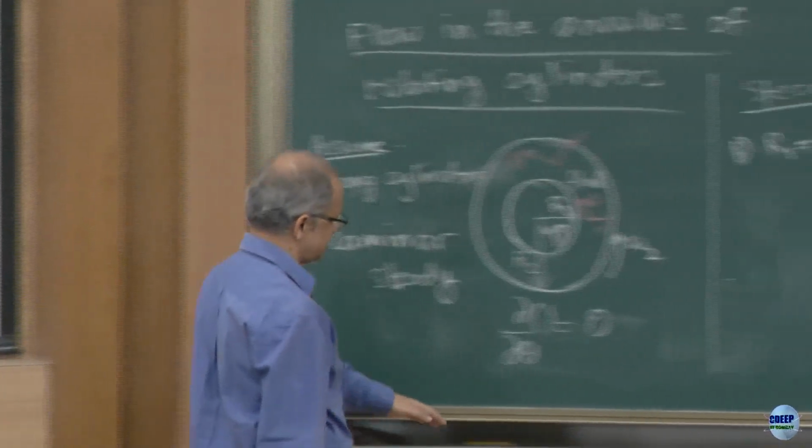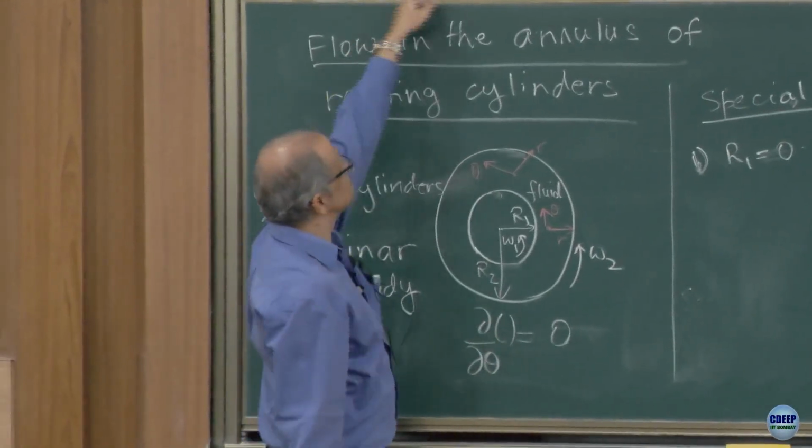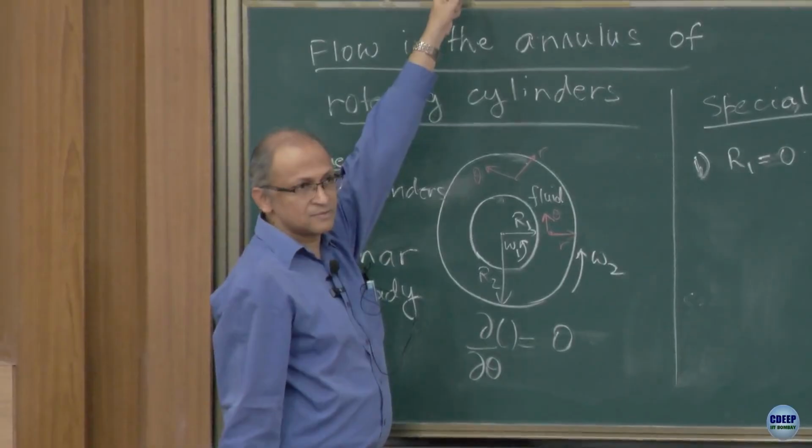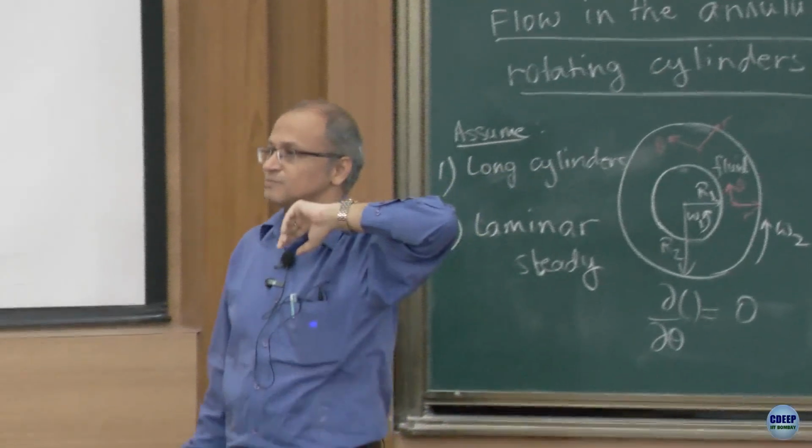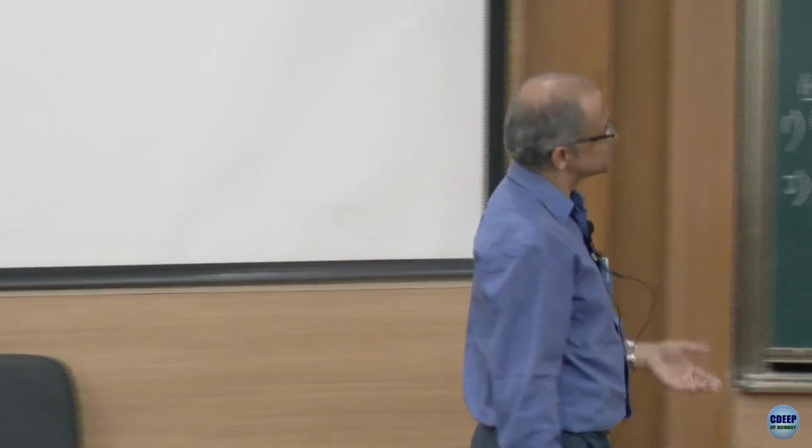And what does it mean? When you get A plus AR plus B upon R, B has to be 0. Immediately you can say B has to be 0 because 1 upon R is becoming unbounded at R is equal to 0. And therefore, I will get rid of the B term. Correct? And that's what you would see from here as well.